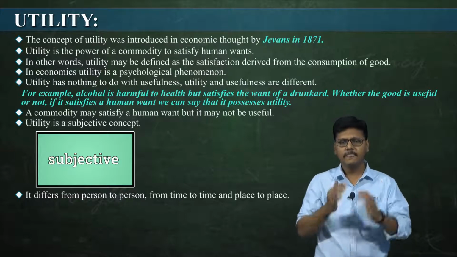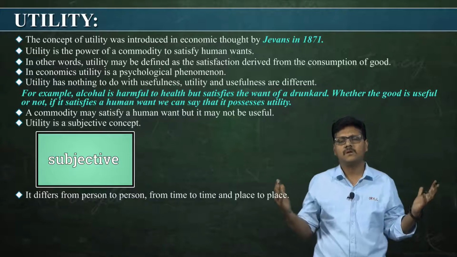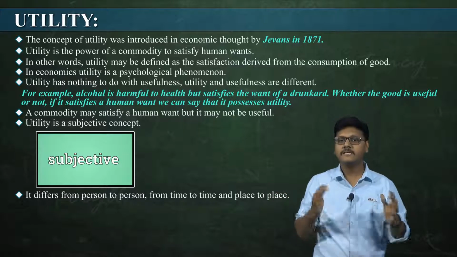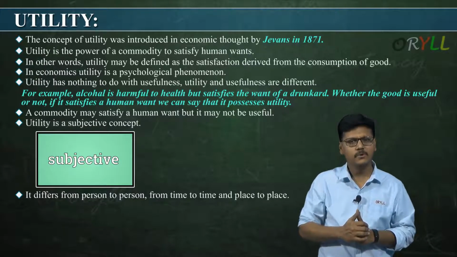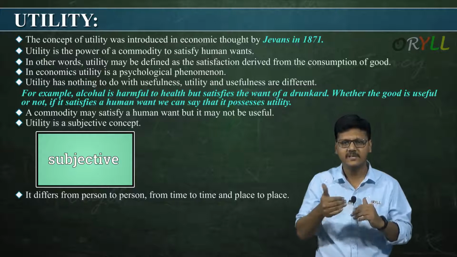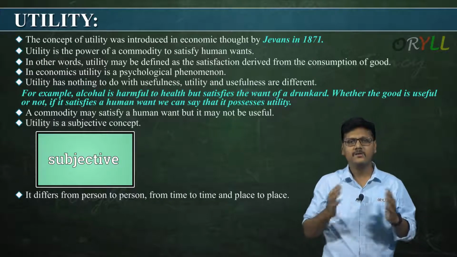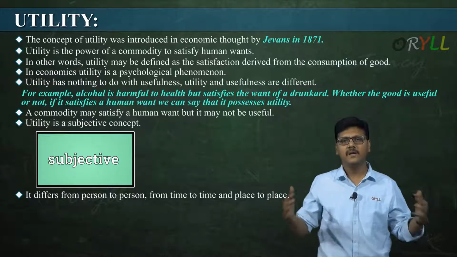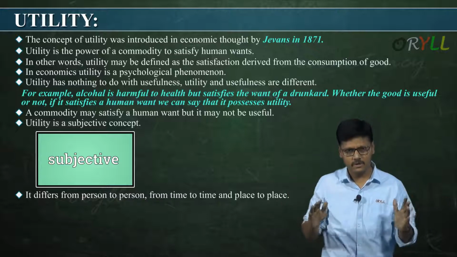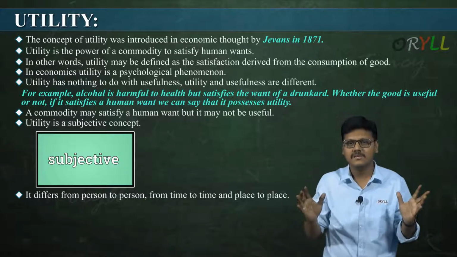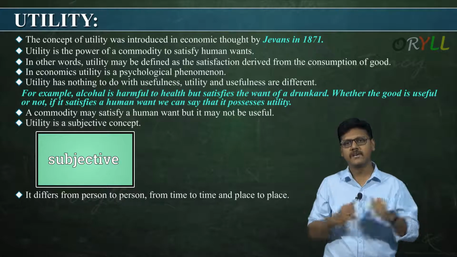It also differs from time to time. For example, in a hot summer having a cool drink gives us immense pleasure, whereas in the cold winter, will you take the cool drink? No, the satisfaction changes. And place to place: as places change, utilities also change. In Kashmir, cotton clothes give us a bitter experience, whereas woolen clothes give us very good satisfaction.